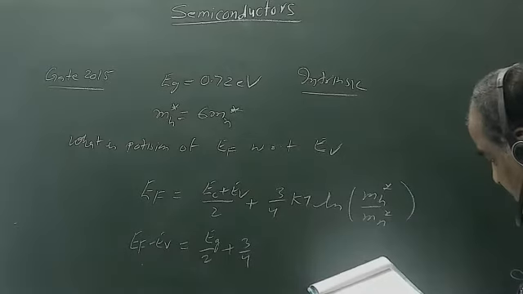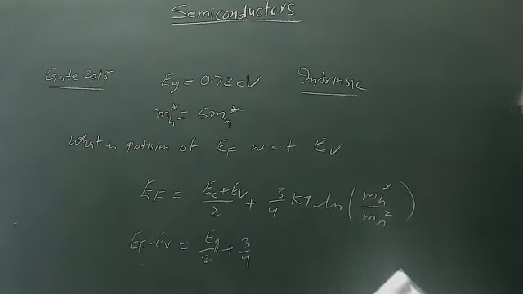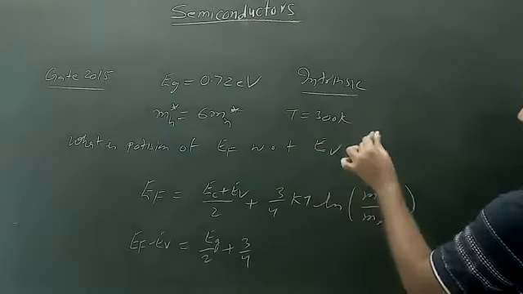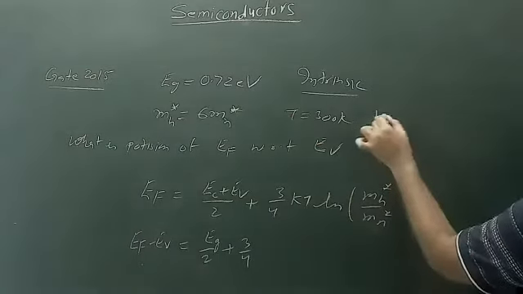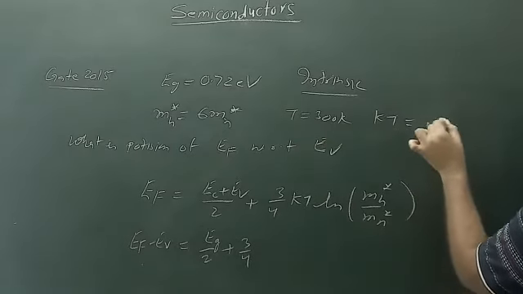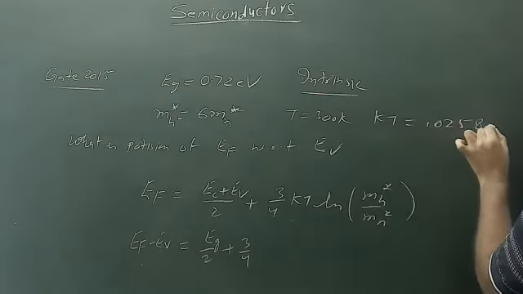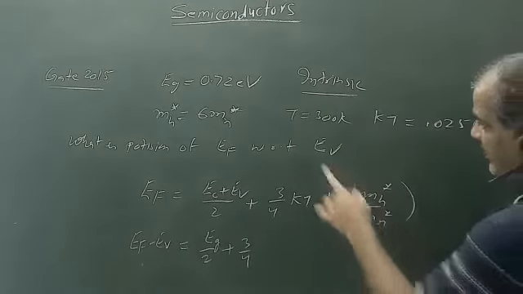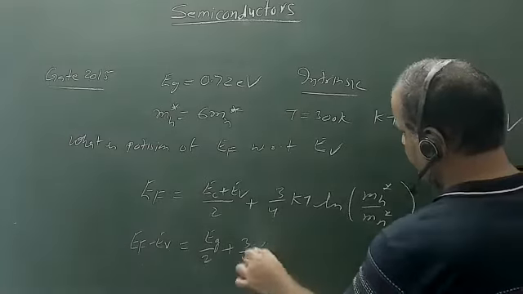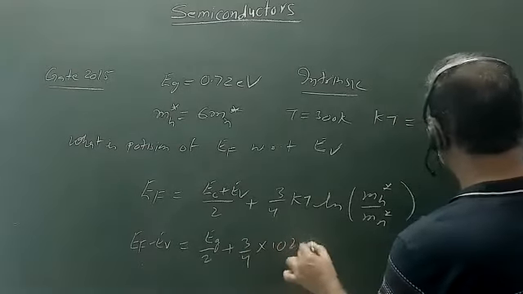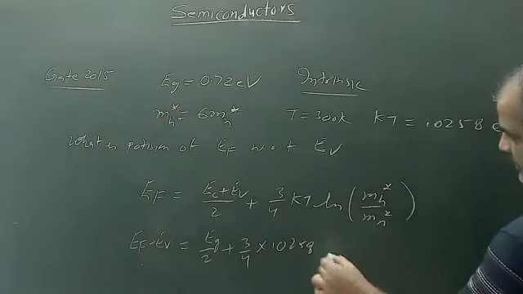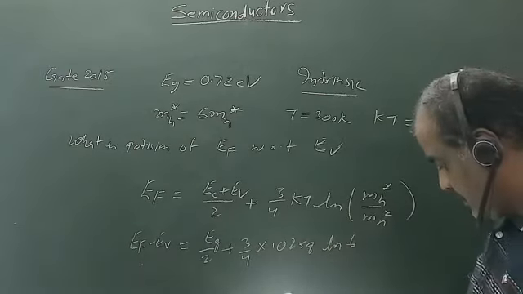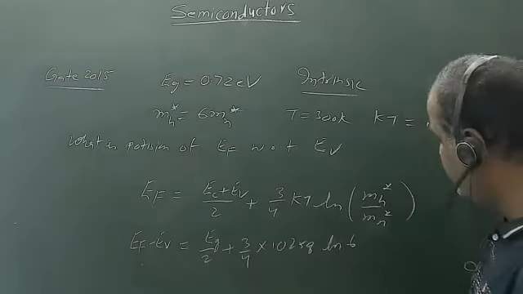Take room temperature, 300 Kelvin. Your kT will be around 0.0258 electron volt. The ratio mh by mn is given as 6, so 3/4 times 0.0258 times ln 6. The value of ln 6 is 1.791.